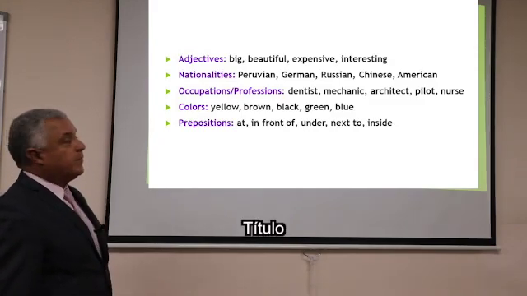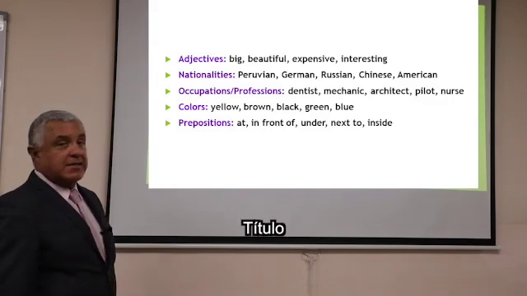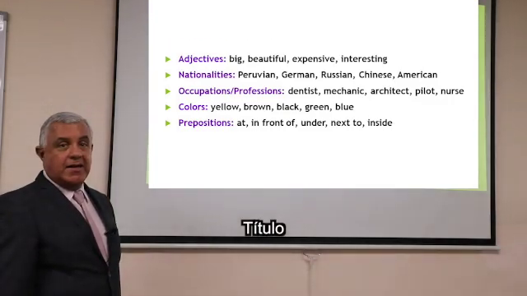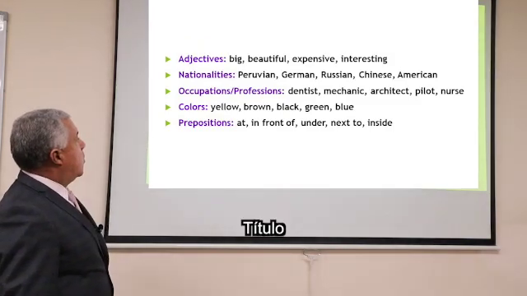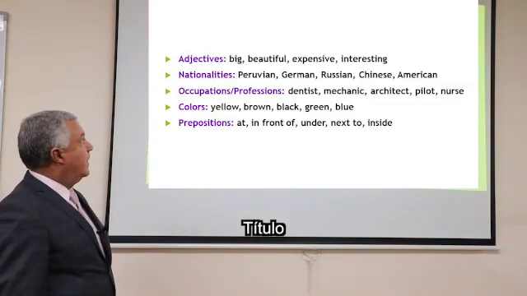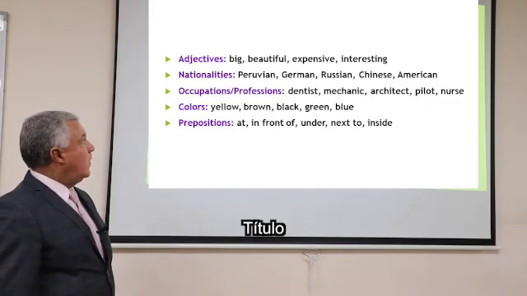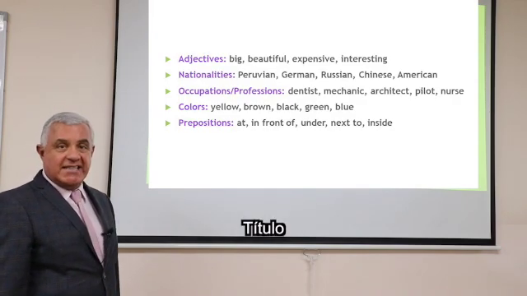Occupations or professions: dentist, mechanic, architect, pilot, and nurse. Colors, for example: yellow, brown, black, green, and blue. And prepositions, for example: at, in front of, under, next to, and inside.